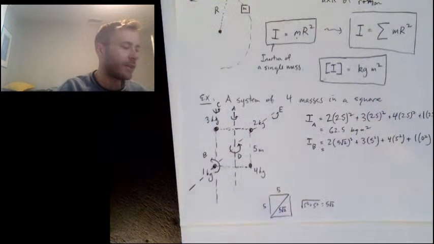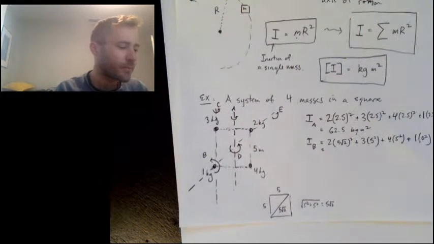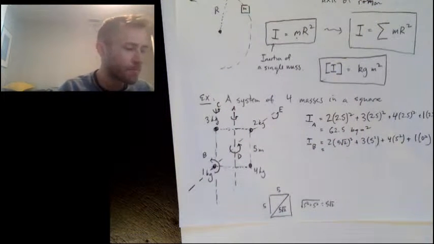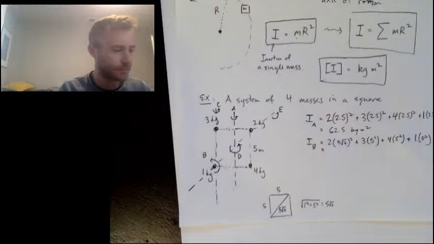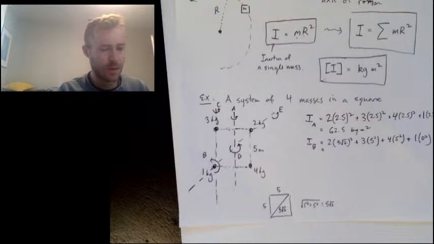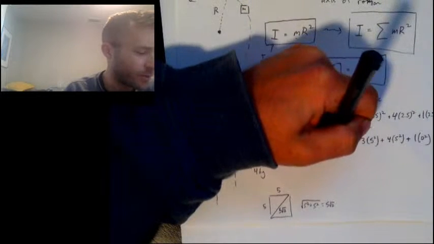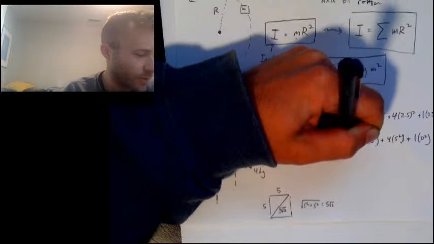So adding these up, we get 275 kilogram meters squared.